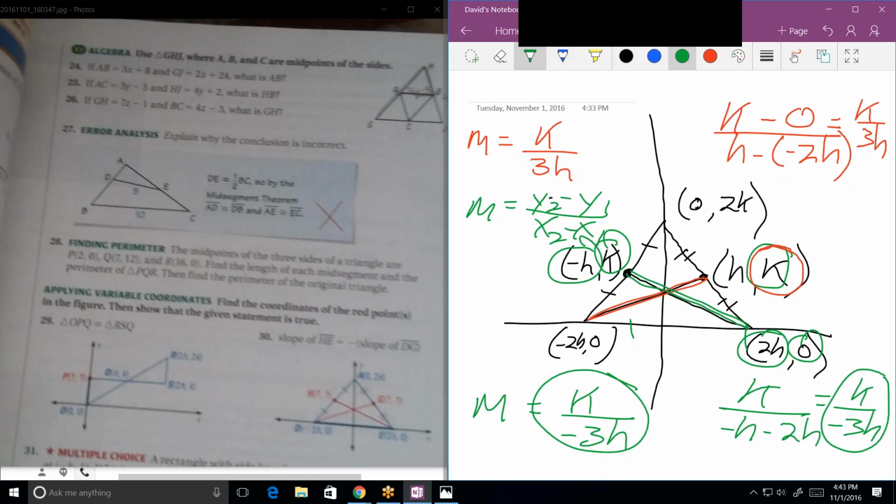But you can't switch one without switching the other. And it's easy to make that mistake on this particular problem, because we're not really doing y sub 2 minus y sub 1. When we look at it, we're saying, that distance is h, or k rather. I know that that's k, and that's k.